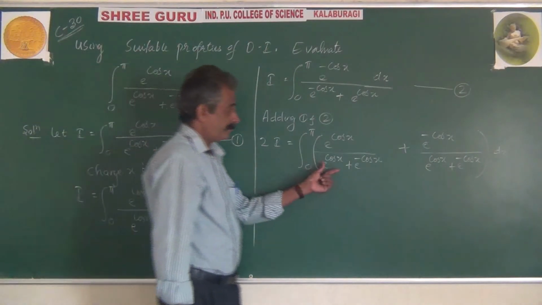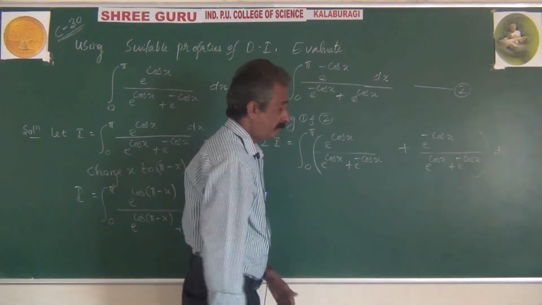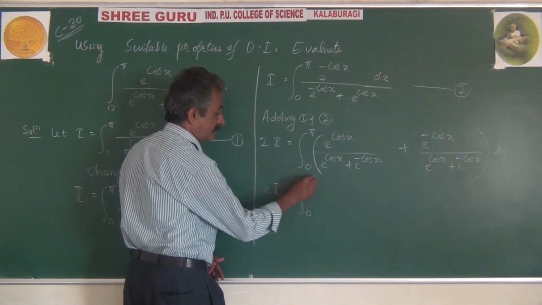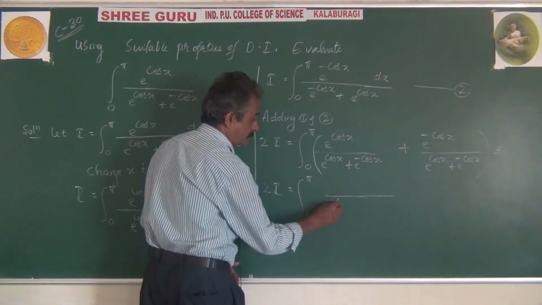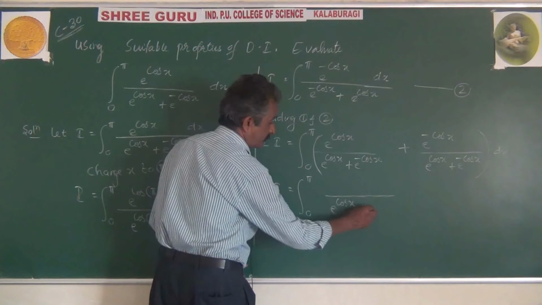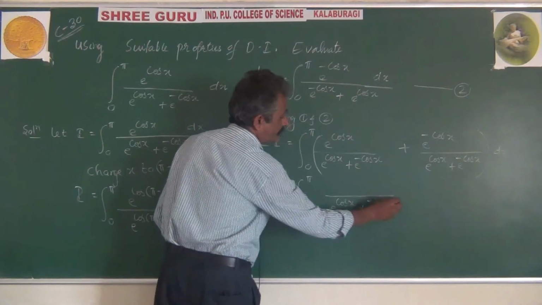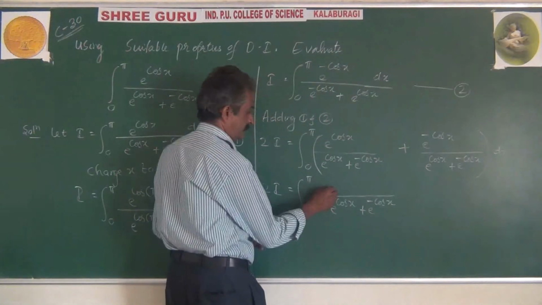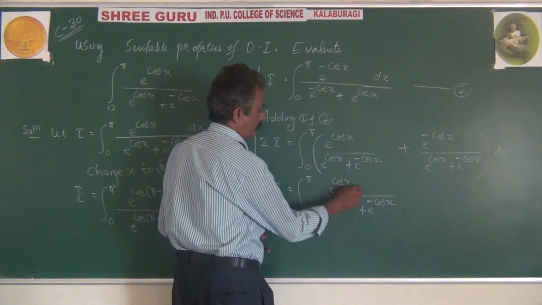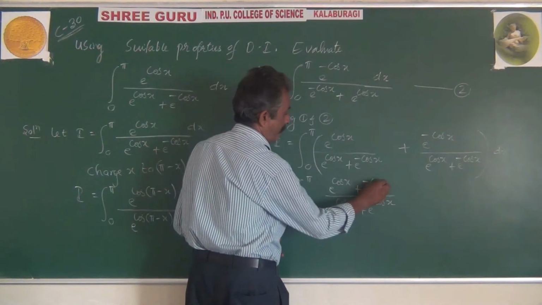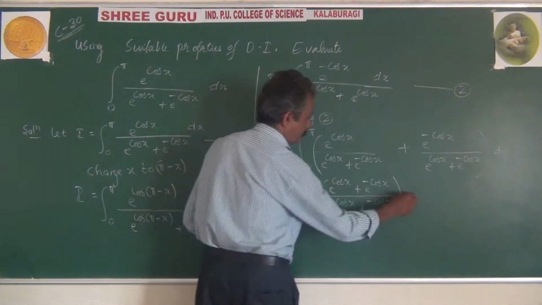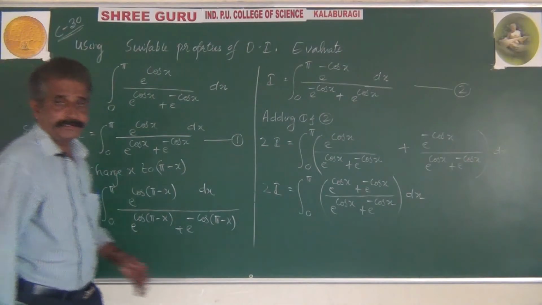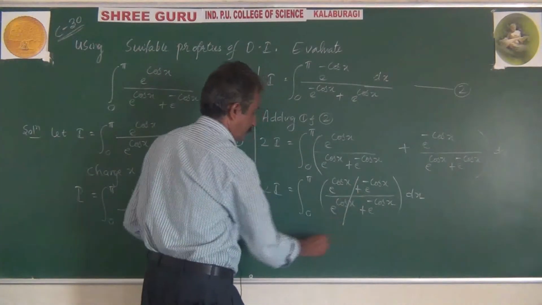Let's take LCM. LCM is e power cos x plus e power minus cos x. So 2I equal to integration 0 to pi on LCM, and in the numerator left will be e power cos x plus e power minus cos x. So that entire term will cancel out.